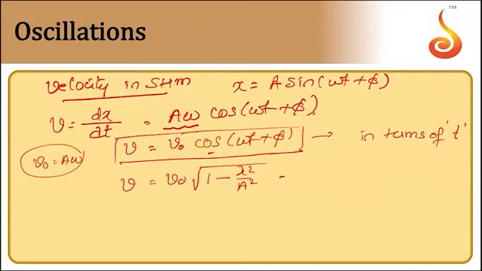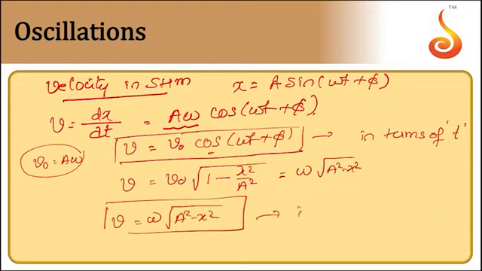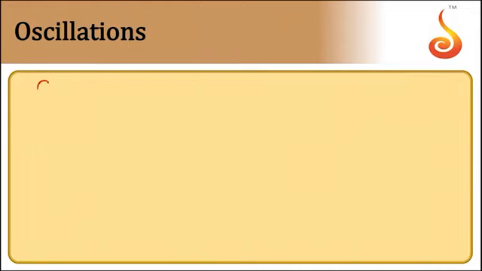If I substitute here, I get a omega, and a cancels to give v is equal to omega root of a square minus x square. So velocity in terms of position is given by v is equal to omega times the square root of a square minus x square. Acceleration.